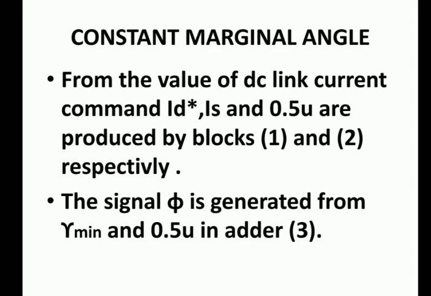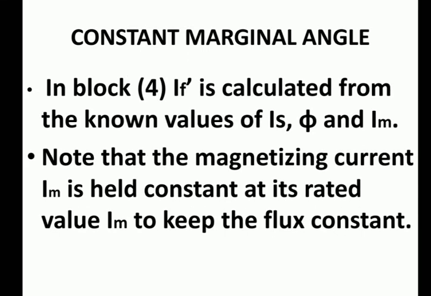The signal psi is generated from gamma minimum and 0.5 U in the adder. In block 4, IF complement is calculated from the known values of IS, psi and IM. Here magnetizing current is IM. It is held constant at its rated value to keep the flux constant.